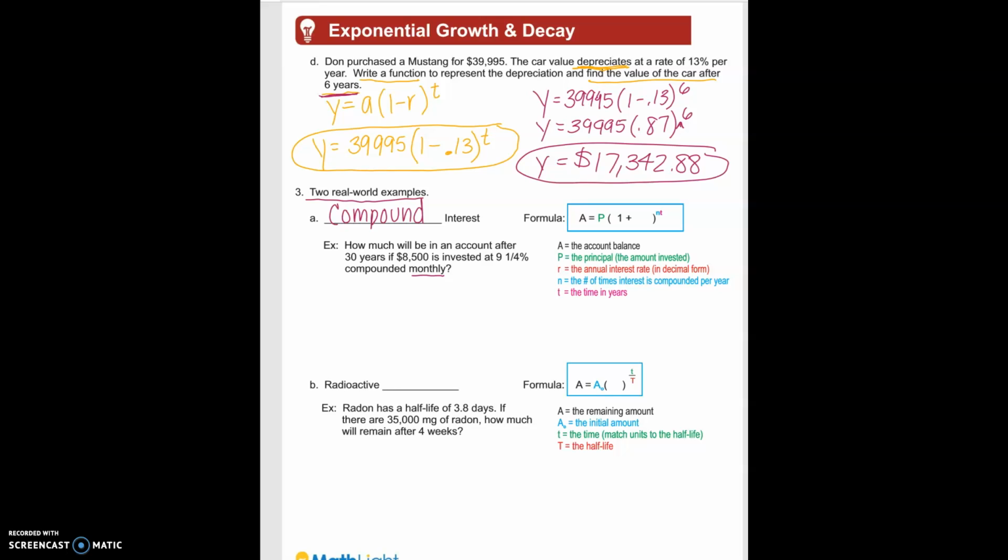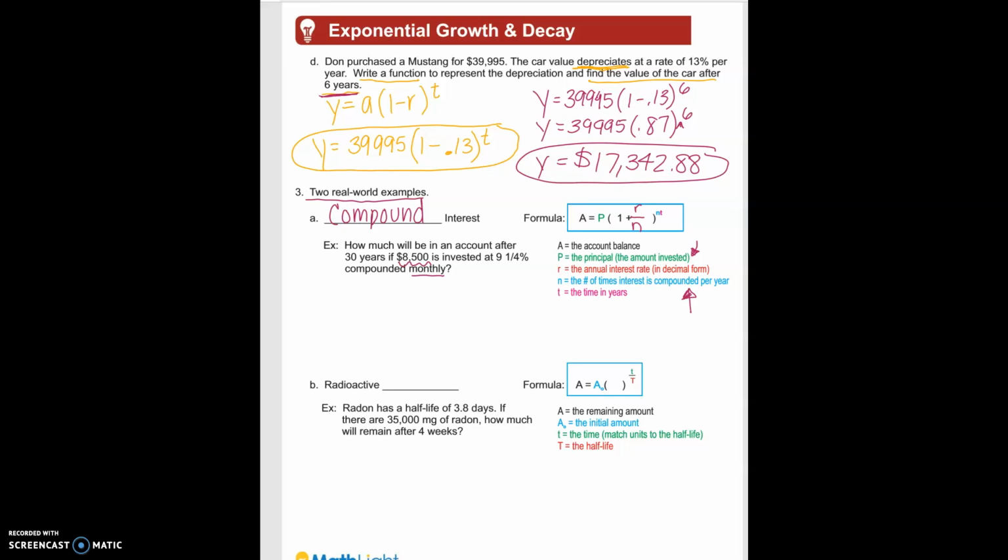So A, our account balance, however much money we have in our account, is equal to the principal. So this is how much money you put in the bank. In this scenario, we have $8,500, and it's not just our rate that we add to 1, but it's the rate divided by n, or the number of times the interest is compounded per year.